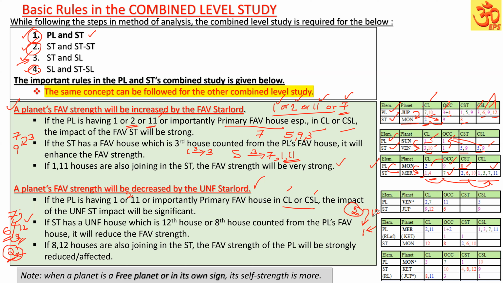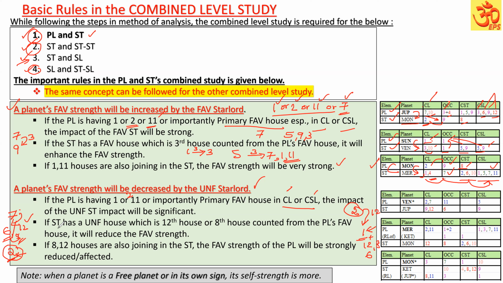So, though it is indicating some weakness, that is not strongly unfavorable. Only if it is connected to the other unfavorable houses, for example the 12th house or 8th house, or the unfavorable primary house, the 6th house, then only this grouping will give trouble to the 2nd house matters of the planet. So, this also you have to keep in mind.